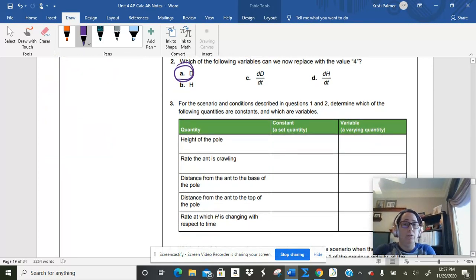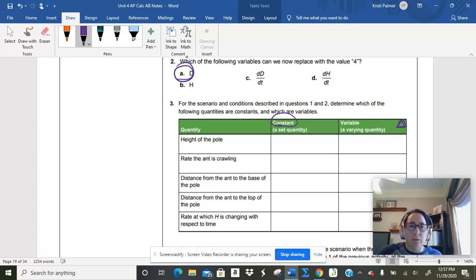So I want you to look through here and label which ones are going to be constant, which ones are going to be changing, and give them their label of what the variable is.